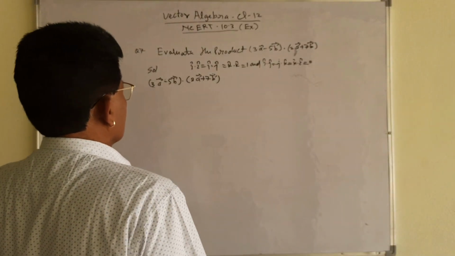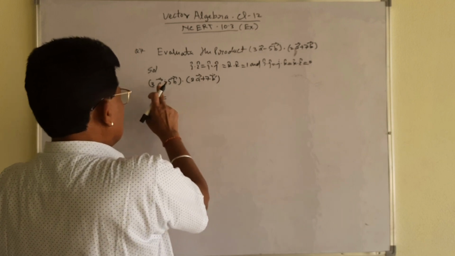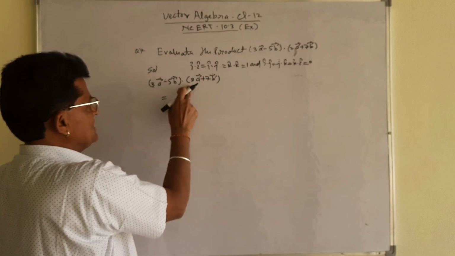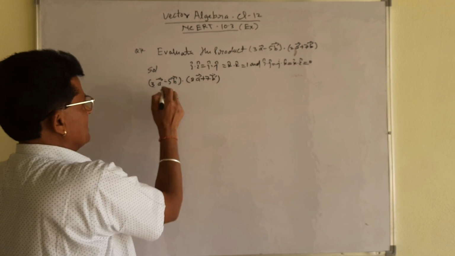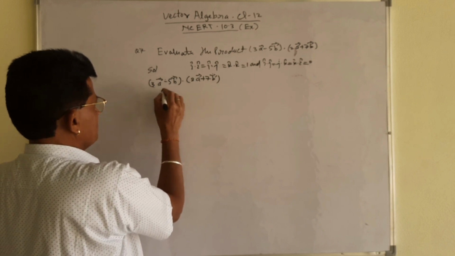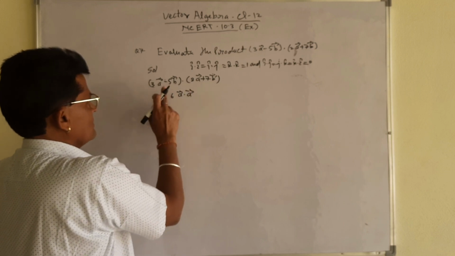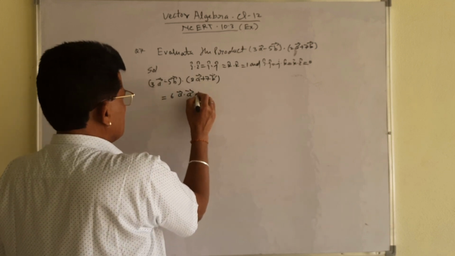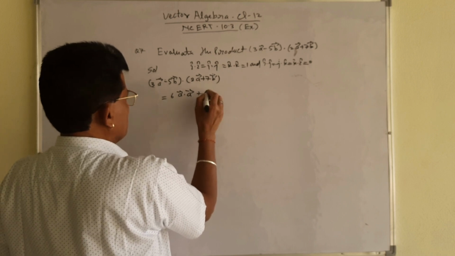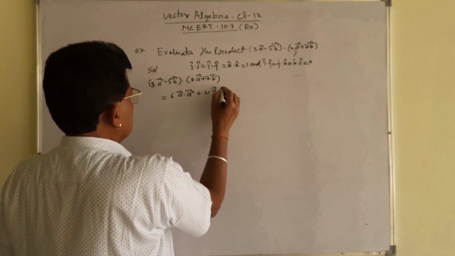What will be the multiplication of it? I will write. You must multiply first of all this term with each and every term in the second bracket. First of all scalar multiplication 3 into 2, 6, vector a dot with vector a. After that, positive sign, 3 into 7, 21, a dot with b vector.